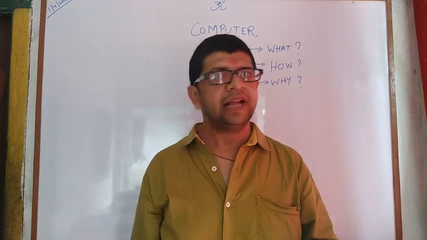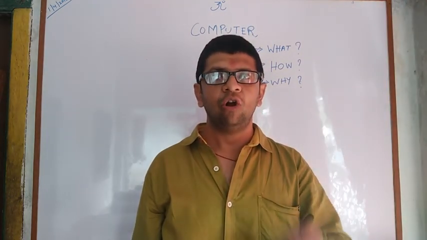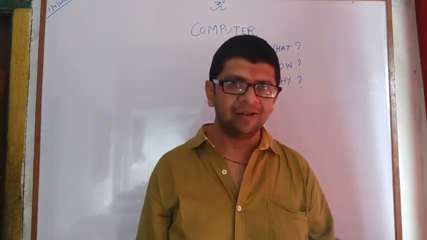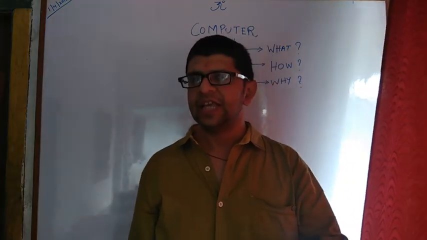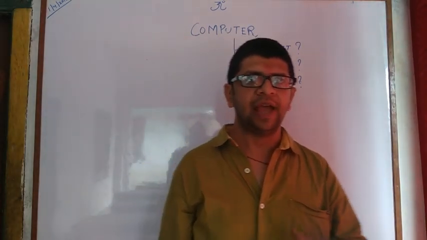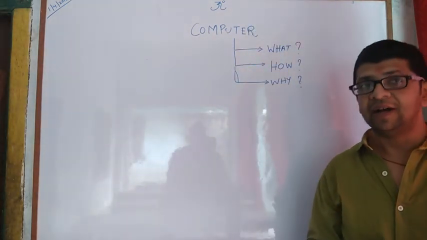And it does all these things with a lot of speed and accuracy. So, is not a mobile phone a computer? Yes, it is. The distinction between mobile phones and computers is now slowly getting blurred.